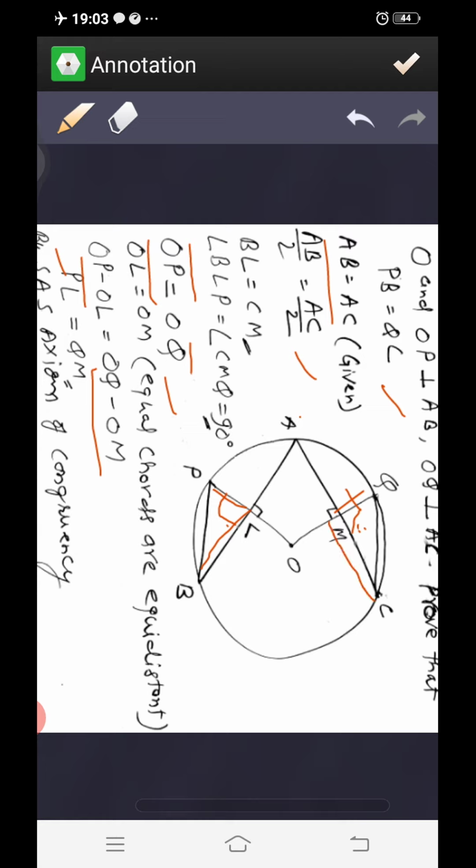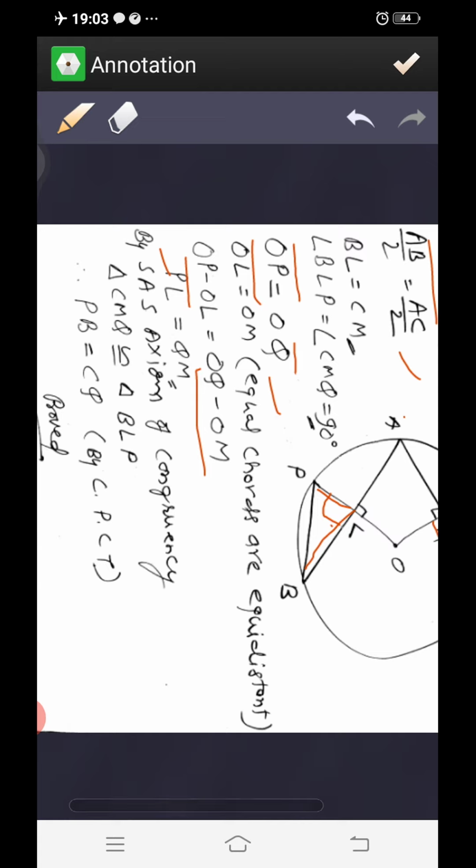So we can apply the side angle side axiom. By the SAS axiom of congruency, triangle CMQ is congruent to triangle BLP. When both triangles are congruent, then PB equals CQ by CPCT, corresponding parts of congruent triangles. This only we have to prove.